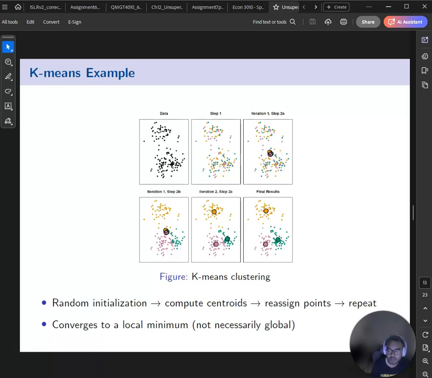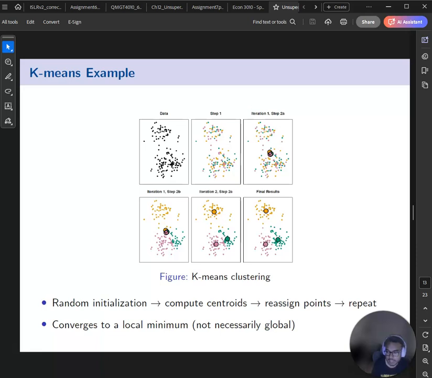Moving to iteration 1, step 2a, we calculate the centroid of each cluster. Those are the larger circles with the black outlines. Each centroid is simply the average position of all points in that cluster. In iteration 1, step 2b, we reassign each point to the closest centroid, which results in a new clustering arrangement.